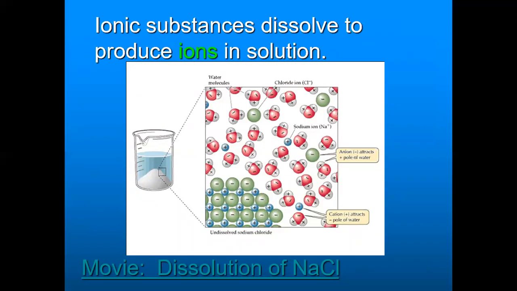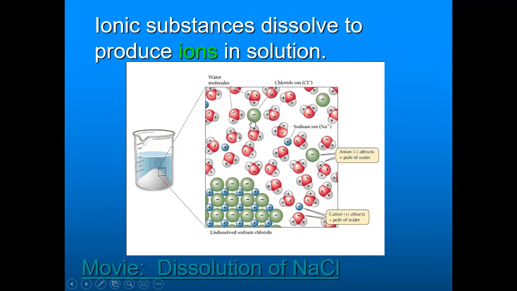Similarly, ionic substances dissolve to produce ions in the solution. Take an example of sodium chloride. If you add sodium chloride in water, it will convert into positive ions and chloride ions. Remember, the positive ion would be surrounded by the negative portion of water, and you know the negative portion of water is oxygen.